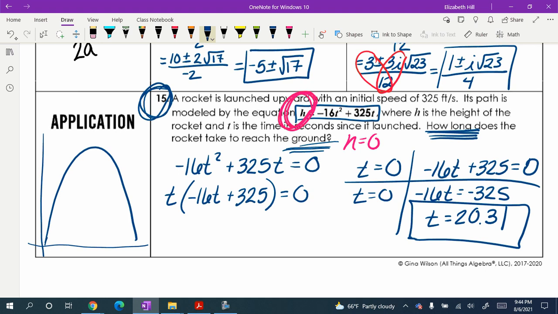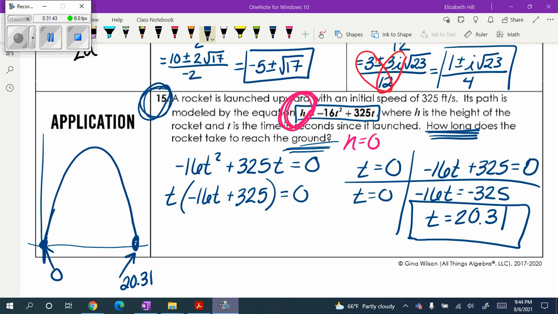Why is it at the 0? Because that's when it's starting. All right. When you have a rocket that starts at ground level, it goes up and comes back down. Well, right here, here's where your 0 is. That's one solution. Here's your other one, the 20.31 seconds. All right, so there we are with solving quadratics.